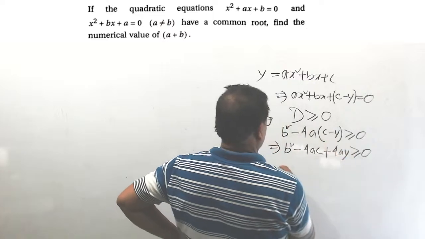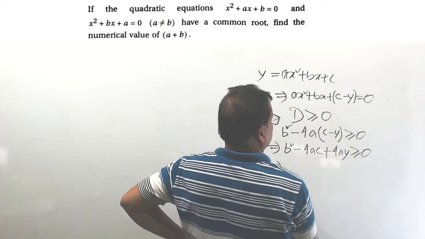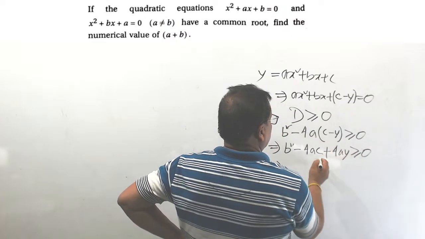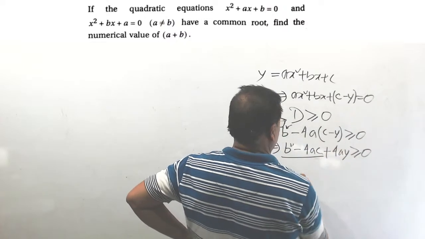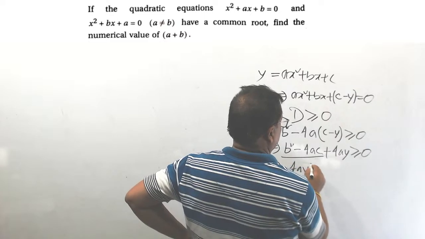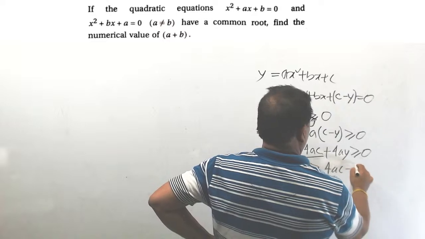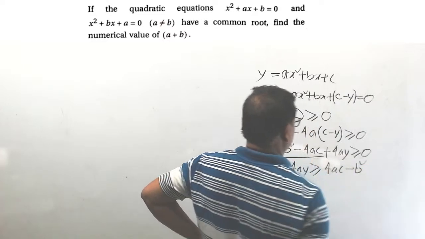Minus minus plus. This implies, our aim is to find the value of y, isn't it? So send these two terms to the right side, that is 4ay greater than or equal to 4ac minus b square. Understood?